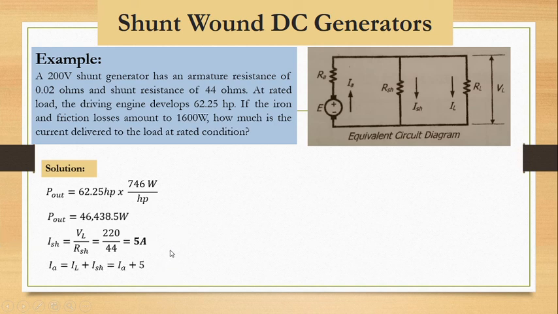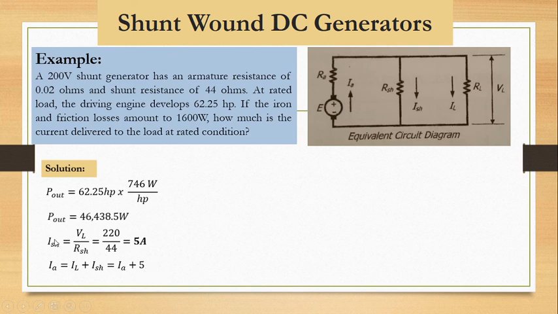If you examine IA here, the current entering is equal to the current leaving, so we have IA equal to ISH plus IL. Since ISH is 5, IA is IL plus 5.